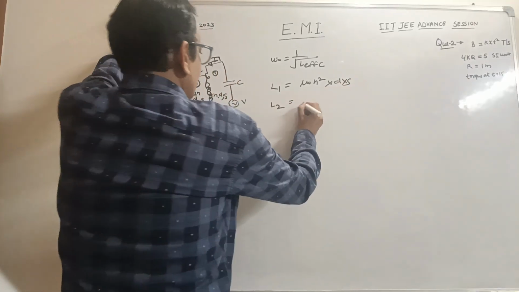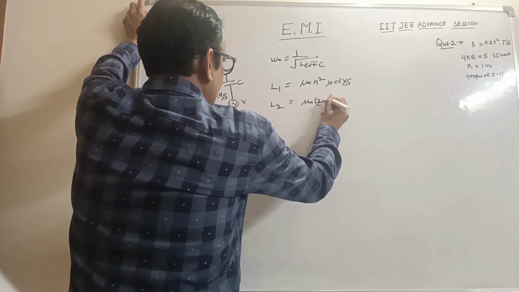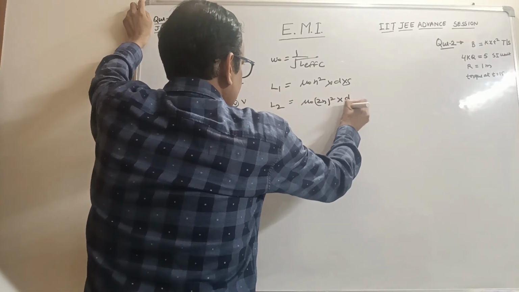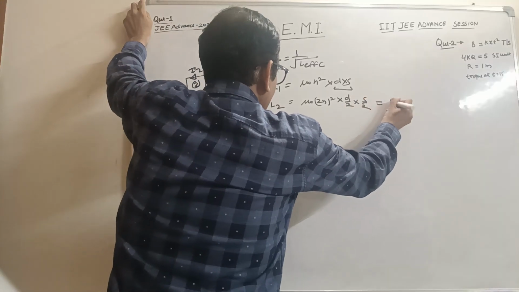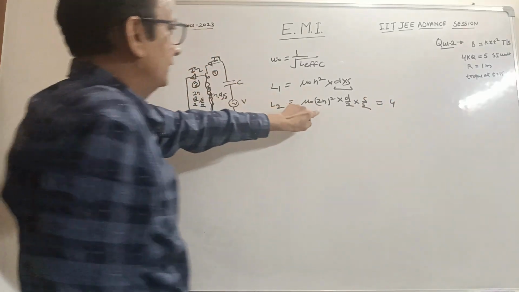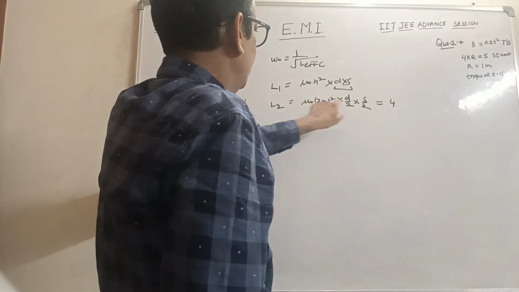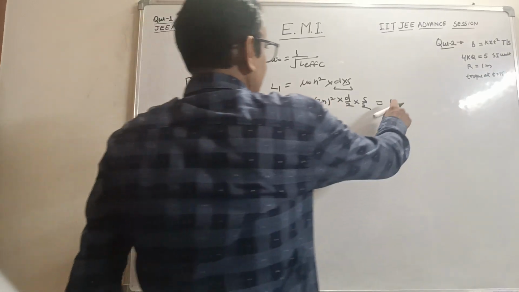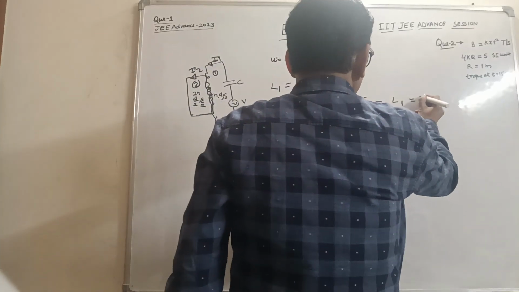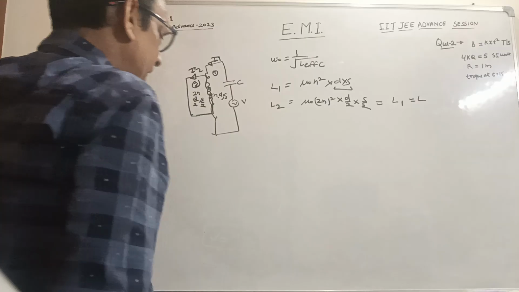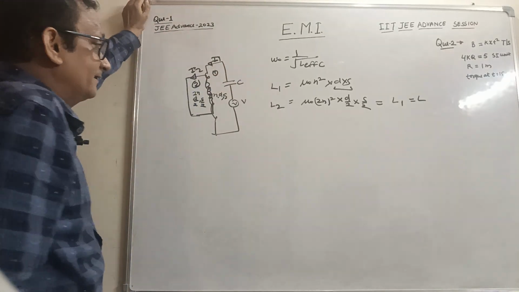L2 would be mu naught into 2n whole square into d by 2 into volume s by 2. 2 squared is 4, and 4 by 2 by 2 becomes 1, so this also becomes equal to L1. So let's say this is L. The self inductance of both coils is the same.